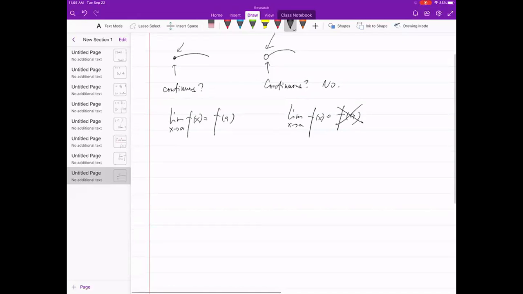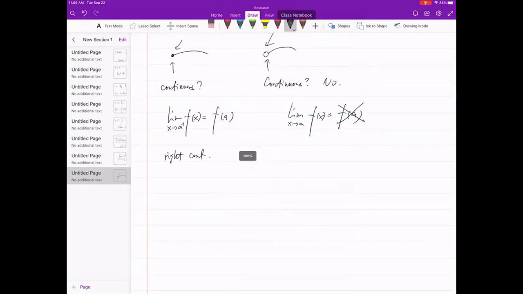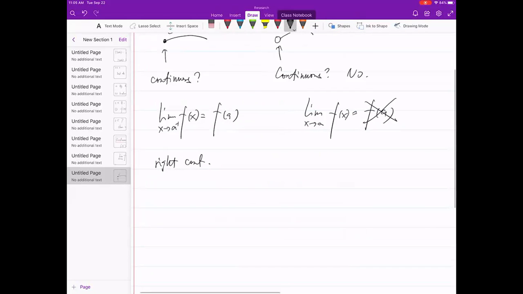For this one, it's kind of tricky. Technically, this one only has a right limit. The reason is not because the left is bad. The reason is the left is not even there. So it is correct to say this one is right continuous for this part. It's also okay to say it's continuous as long as you don't confuse yourself.